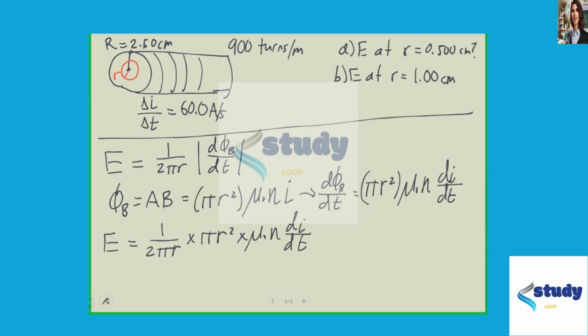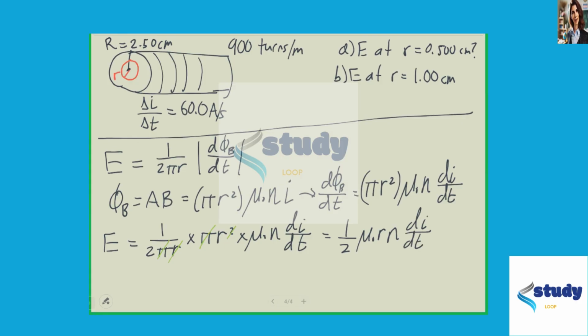And you can see there's some cancellations there. So this pi goes away, this pi goes away, this r goes away. And we're left with a final formula. The electric field is 1/2 times mu naught times r times n times dI/dt.